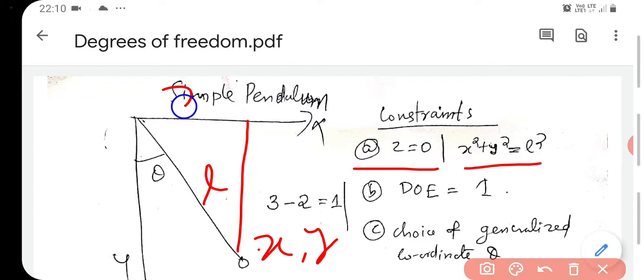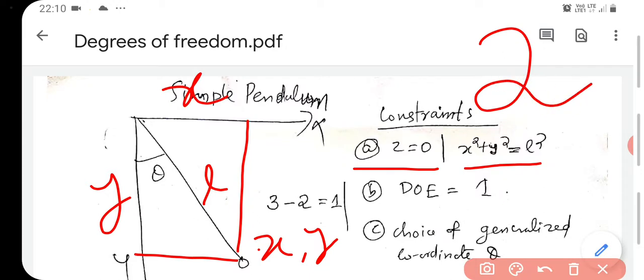This is x, this is y. So x square plus y square is equal to L square. So how many constraints? 2 constraints. So the bob, or the particle, originally had 3 degrees of freedom.